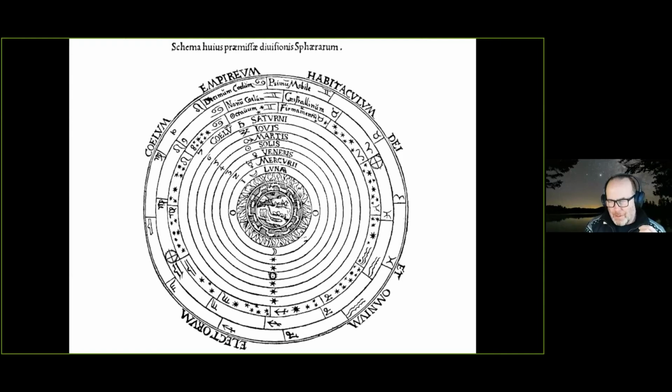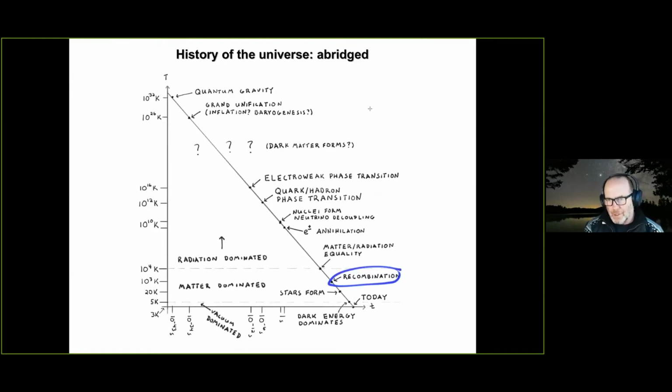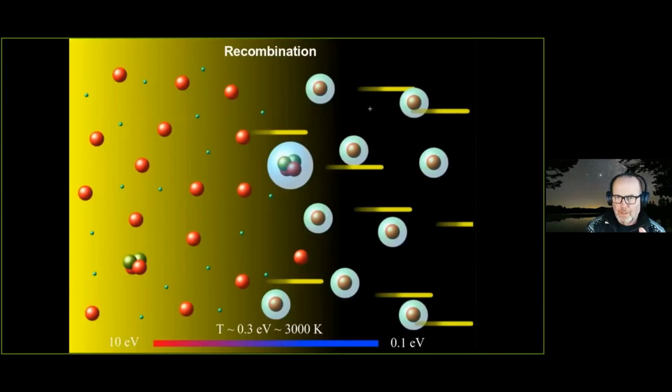So let's talk about this surface of last scattering as far back as we can see, and that's this epoch of recombination. So as we look out in space and back in time, the furthest back we can actually see using light is about 380,000 years after the Big Bang, at this epoch of what's called recombination. What happened at recombination that's special? What happened there is the universe passed through the temperature at which hydrogen and helium are ionized.